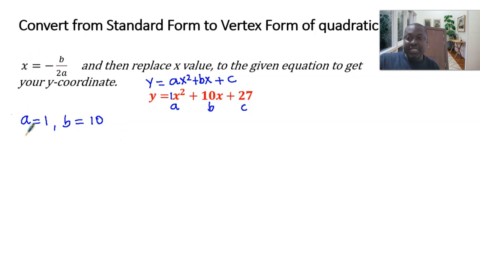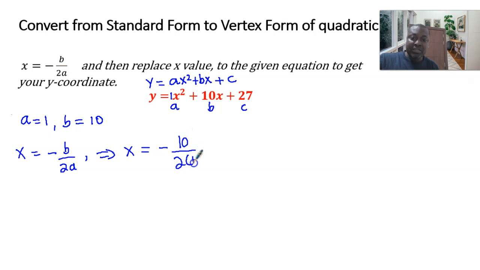And we need our x coordinate, and we are using the formula negative b over 2a, which is 2 times a. So this implies that our x coordinate is going to be negative, the b is 10, a is 1.